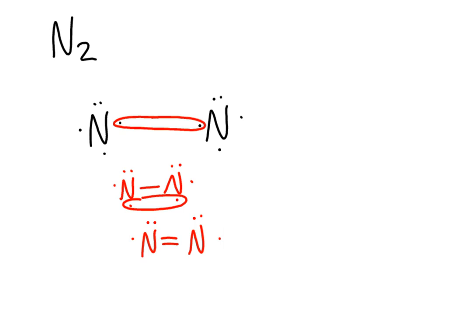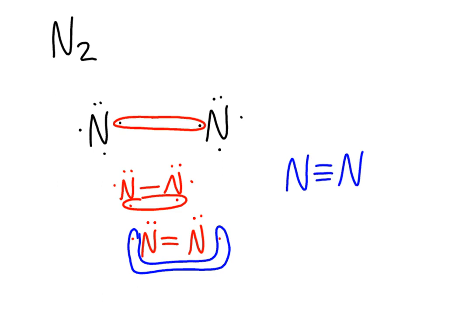So as it turns out, somebody is going to share yet a third pair of electrons, and I'm going to end up with this, a triple bond. And if you count the electrons, nitrogen is happy in this case because nitrogen is one of those elements that likes to have 8 electrons. So 2, 4, 6, 8, 2, 4, 6, 8. So nitrogen's happy there.